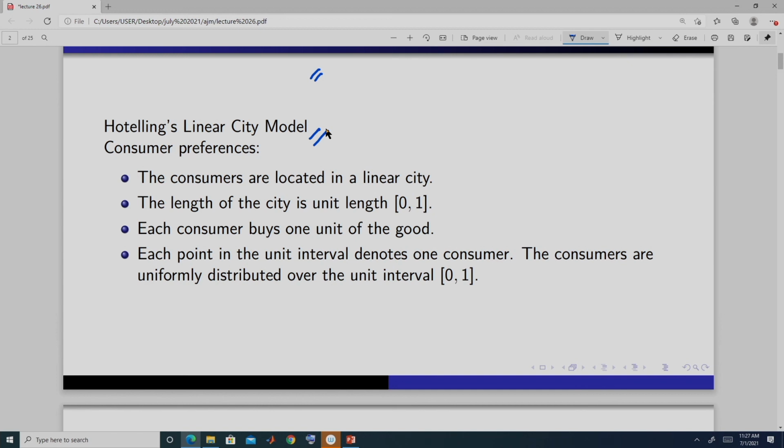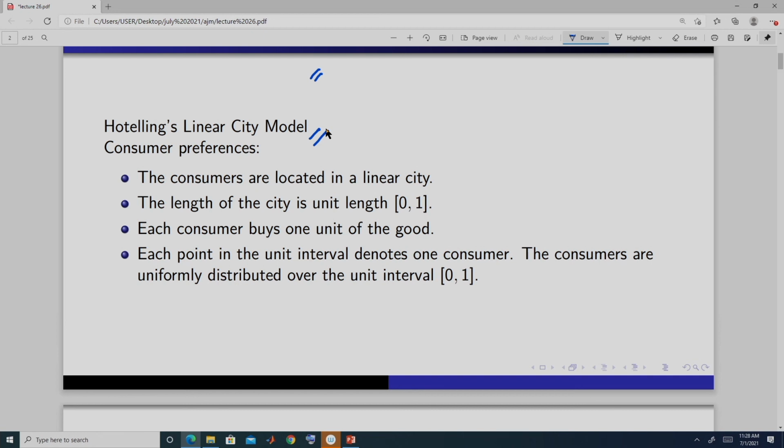Depending on their different location, people will go to the ice cream parlor which is nearer to that person. So, that is also a way of differentiating product, or you can say that you have different attributes, and these attributes can be mapped in a distance of 0 to 1. So, it takes a value which lies between 0 and 1.